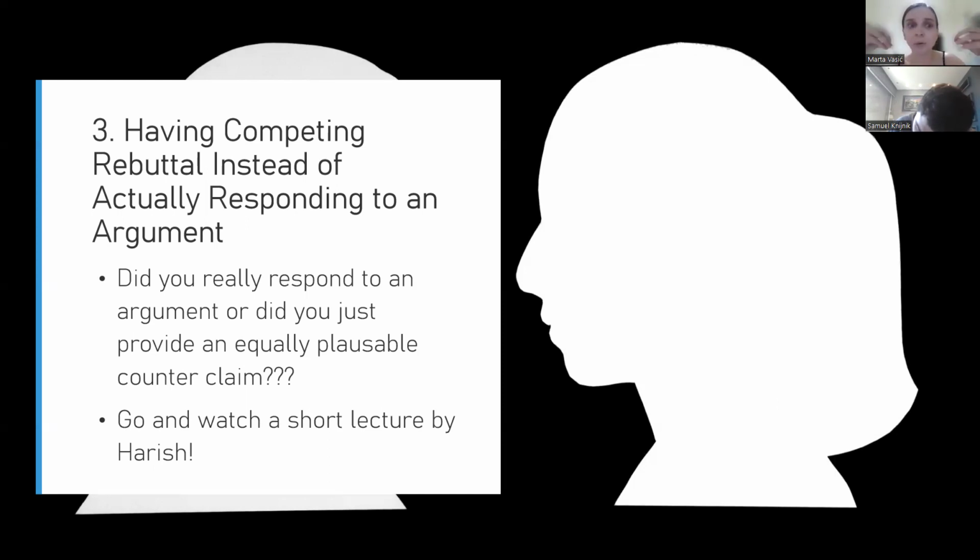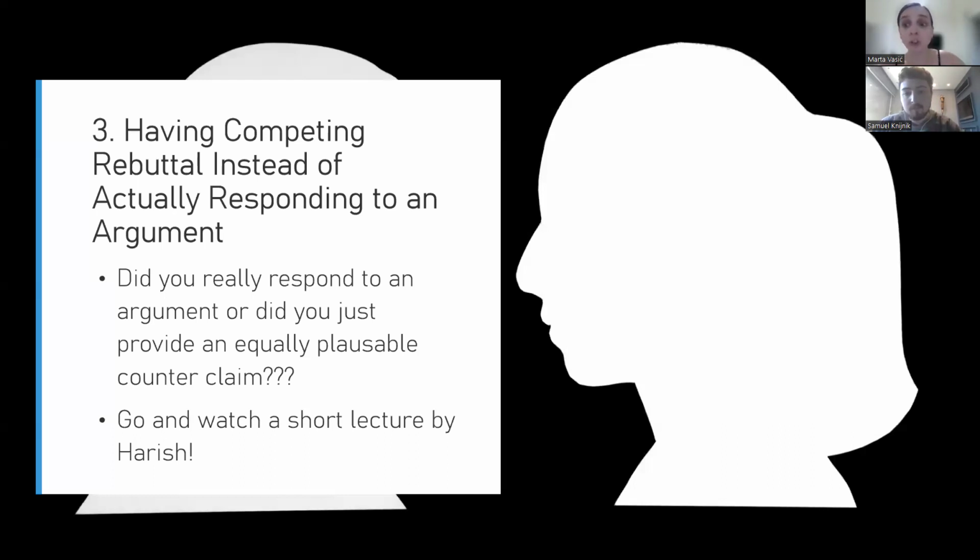Or for example, you will try to argue that the argument actually goes on your side, like you're trying to flip an argument. I think that's how we colloquially call it. So you're trying to do something with the argument. This is one way to rebut it, and this is the correct way to rebut an argument.